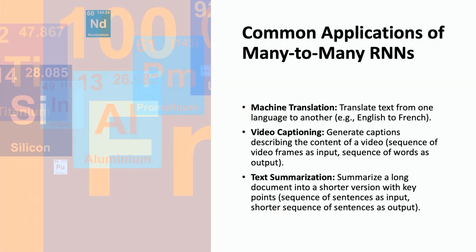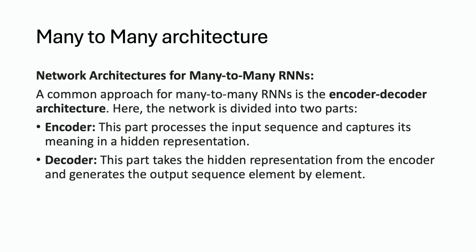So this is what we said before. The many-to-many architecture is also different from the others. It consists of an encoder and a decoder part. The encoder part, as in the computer vision algorithm example, compresses this information into a low dimensional space which has the most key information.